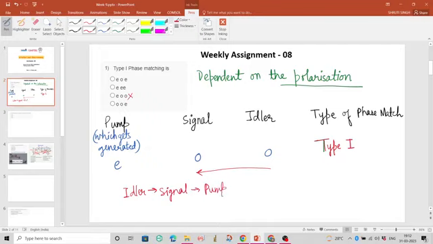So type 1 will be O, O and E. So for this question, the correct answer will be D, not C. Okay, because we read the phase matching as idler, signal and then the pump, OOE, because the pump gets generated. So what gets generated is considered at the end, and signal and idler are O and O. Right? So let's see the other phase matching also.